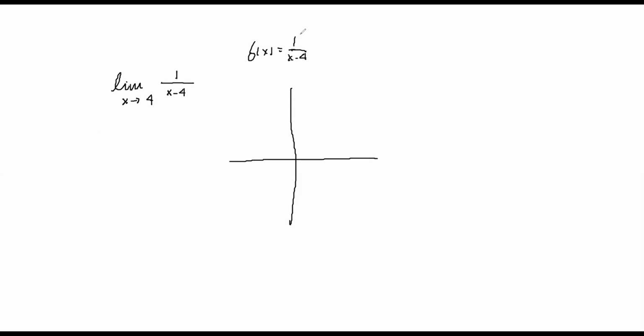When x is equal to 1, f of x is going to be equal to -1/3. When x is equal to 0, it's -1/4.